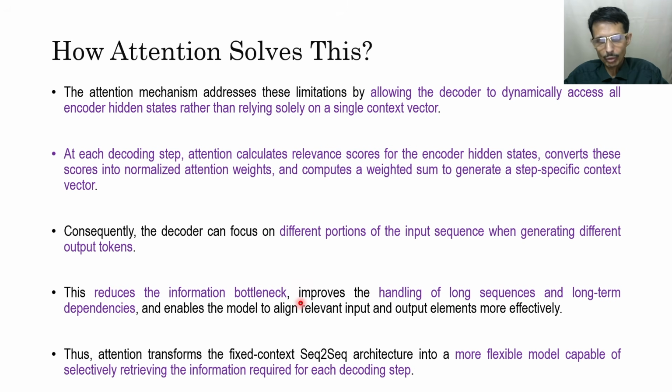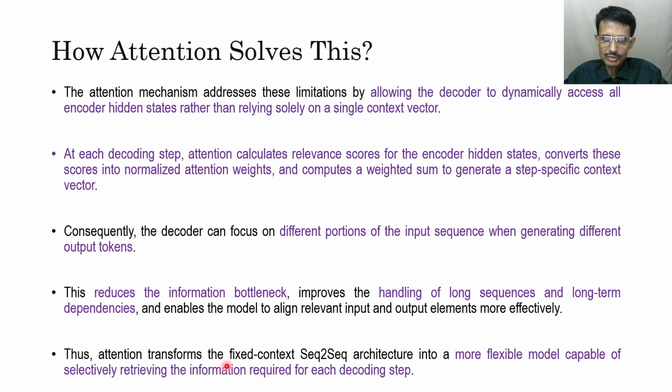This reduces the information bottleneck, improves the handling of long sequences and long-term dependencies, and enables the model to align relevant input-output elements. So that is the main advantage of attention over the normal context-based sequence model.